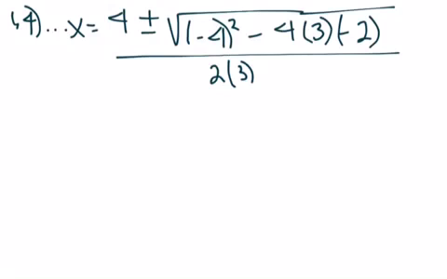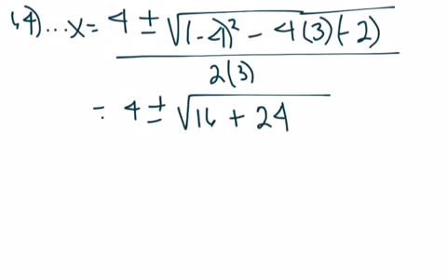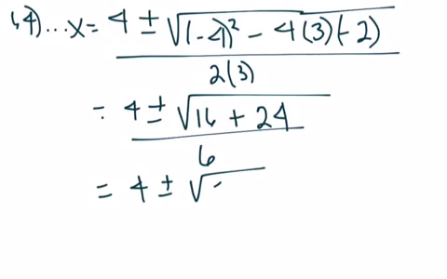If you simplify what's under the radical, you have the square root of 16 plus, because minus times a minus is a positive, 24, over 6. So that gives us 4 plus or minus the square root of 40 over 6.